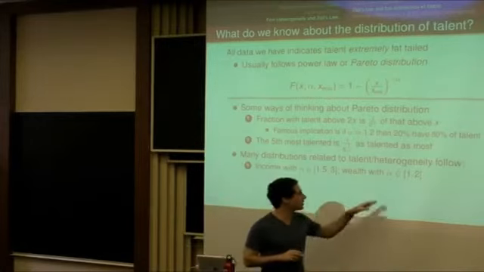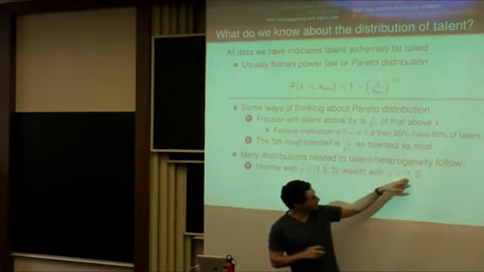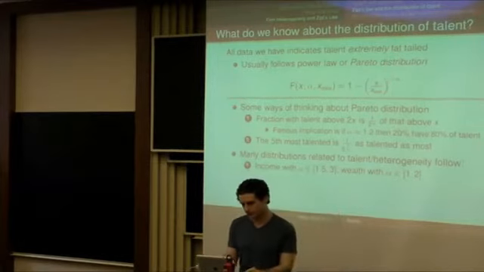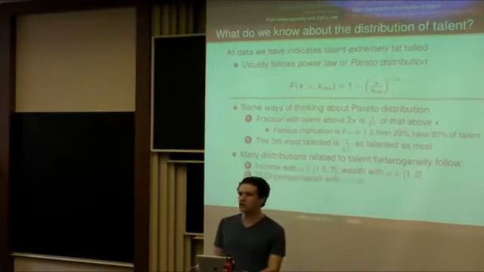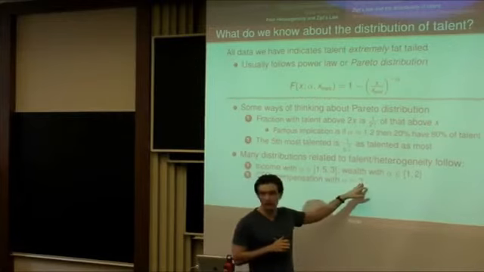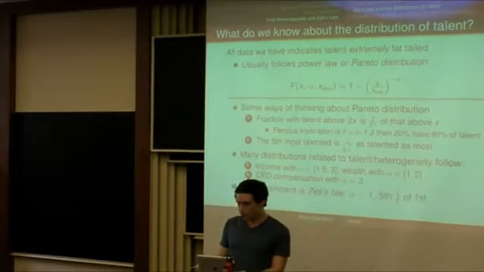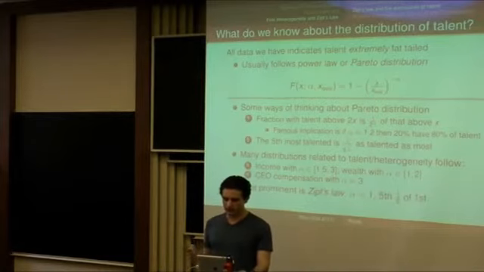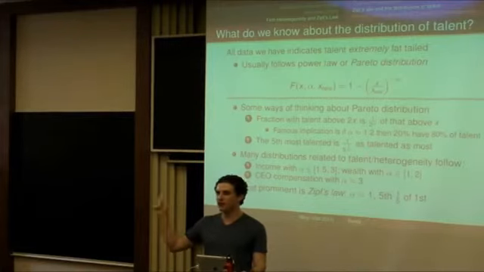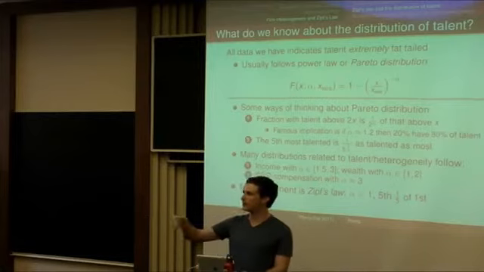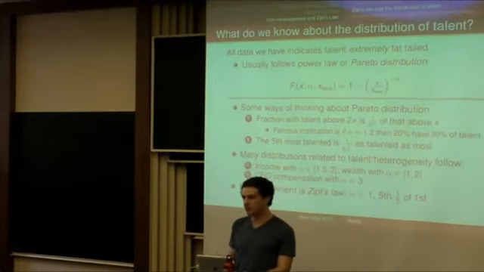Wealth distribution has an alpha somewhere between 1 and 2. CEO compensation has roughly alpha of 3. One of the most common is Zipf's law, which says again that alpha is equal to 1. So the most talented person is 5 times as talented as the fifth most talented person.